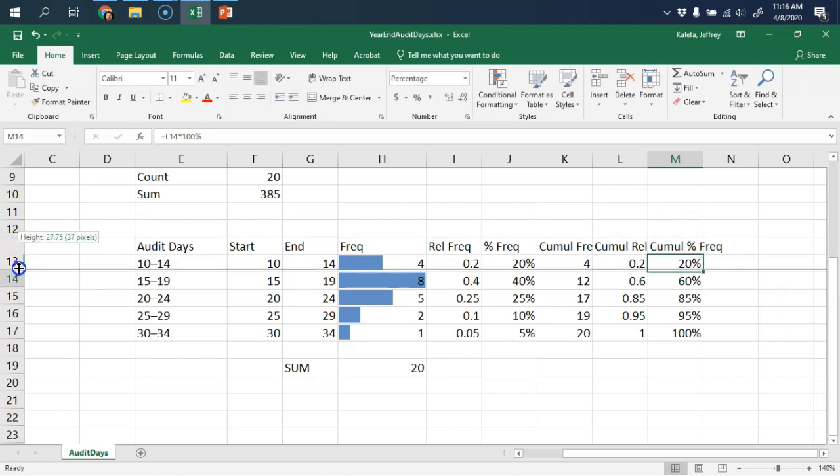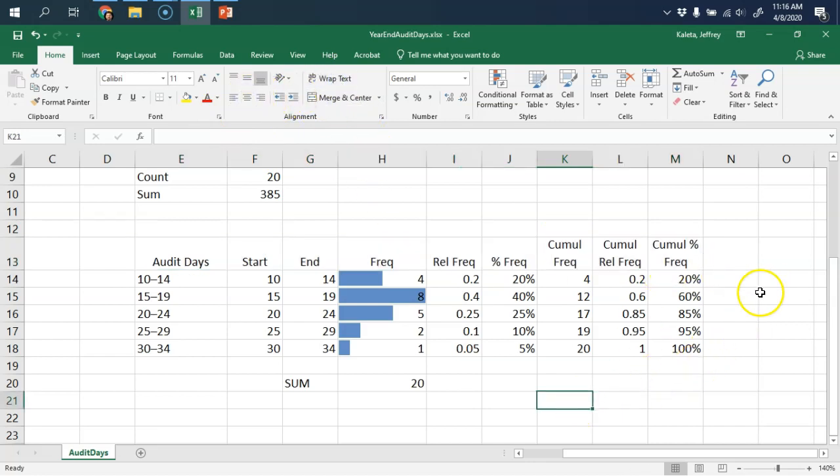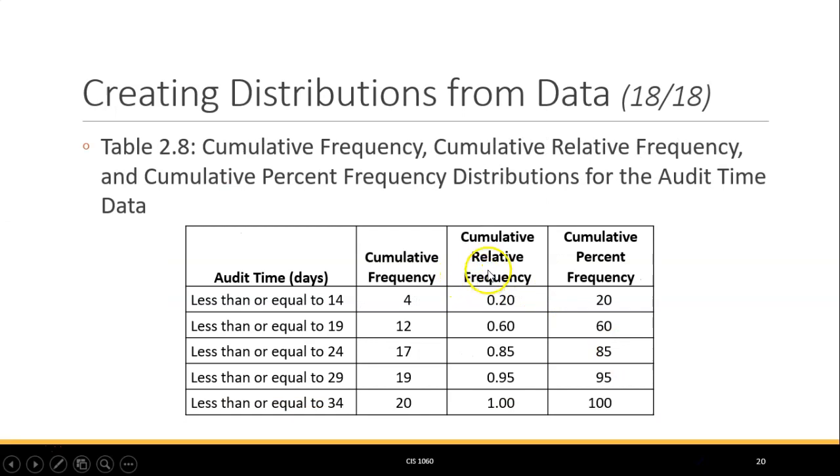Let me make sure my headers are right, there we go. That helps with what's going on there. Going back to this, here we're looking at the cumulative frequency for our audit time data.